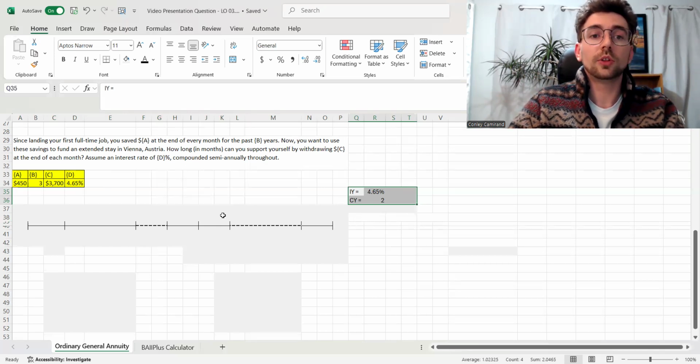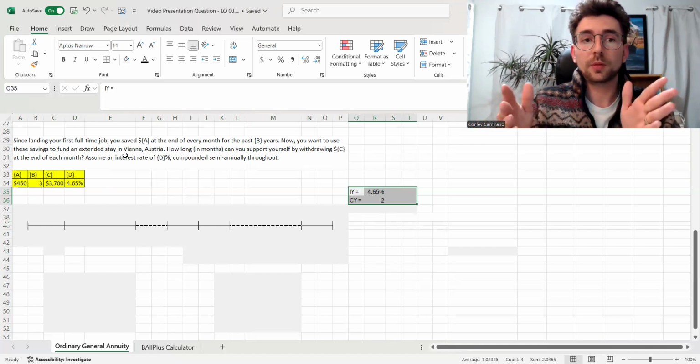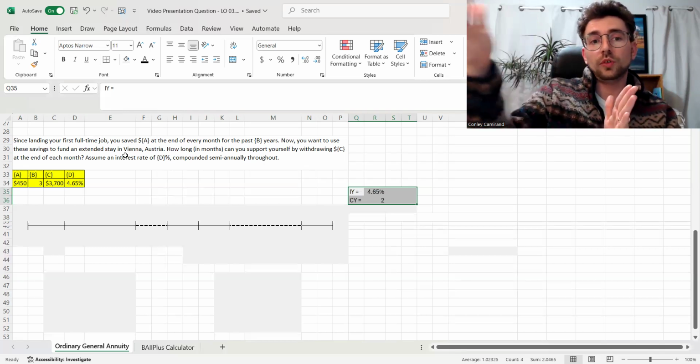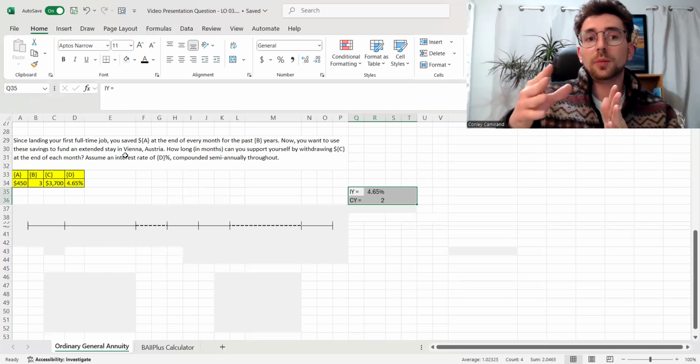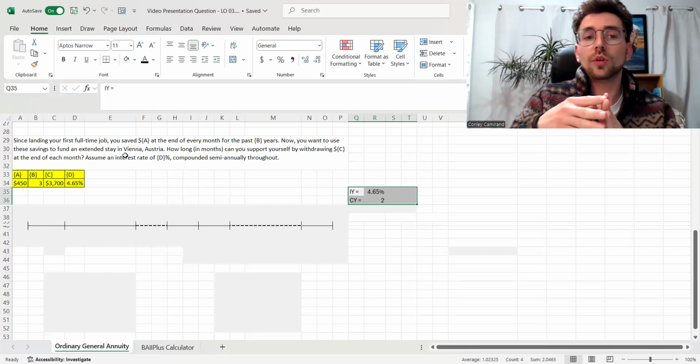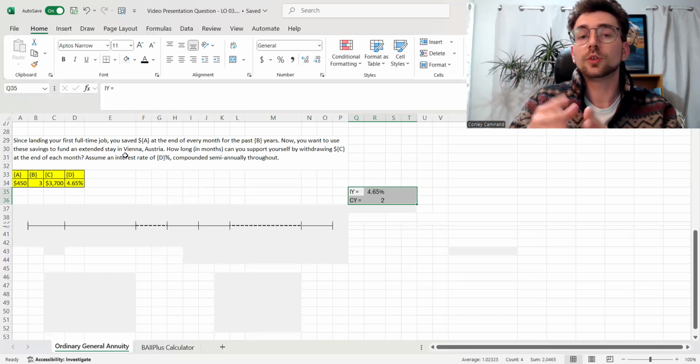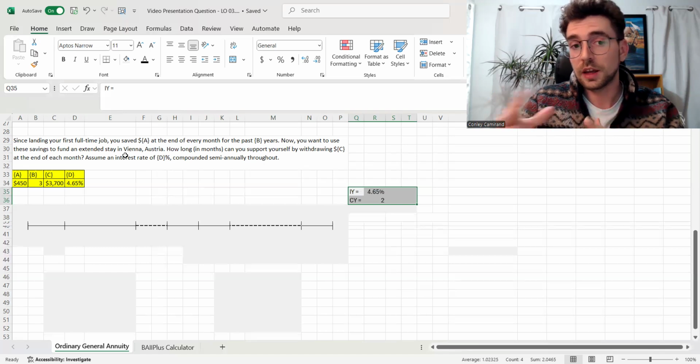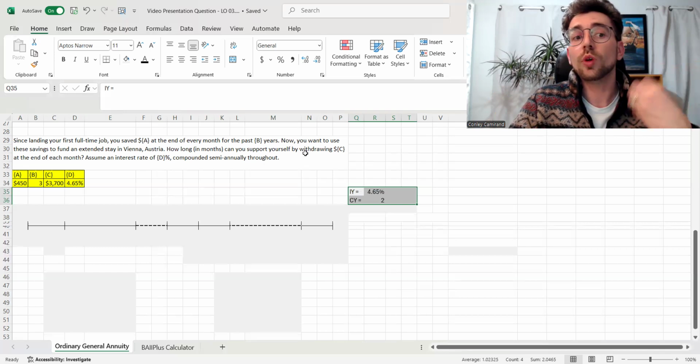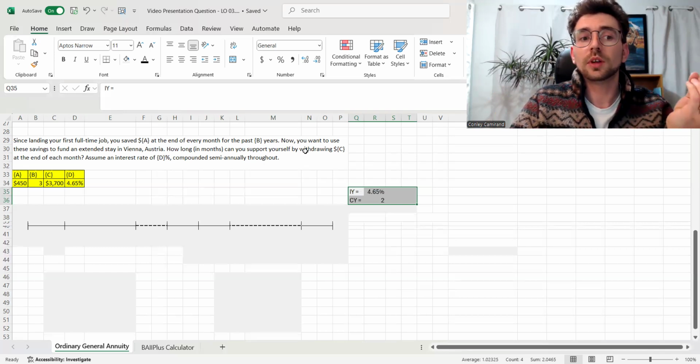Next, we're going to look at the payment periods in a year, the PY. In the first half of the timeline, we made payments to save every month. So that's monthly, which means PY is 12. And in the second half of the timeline, the payments withdrawn of 3,700 are at the end of each month, so that's monthly as well.